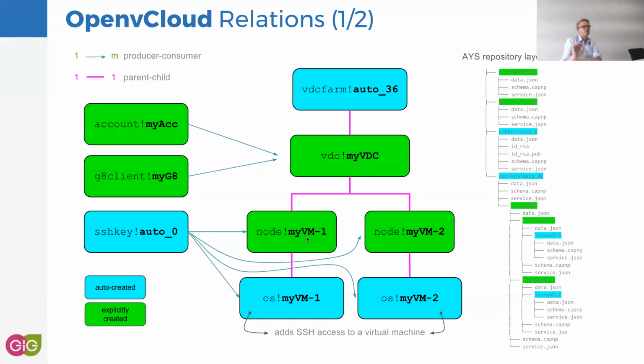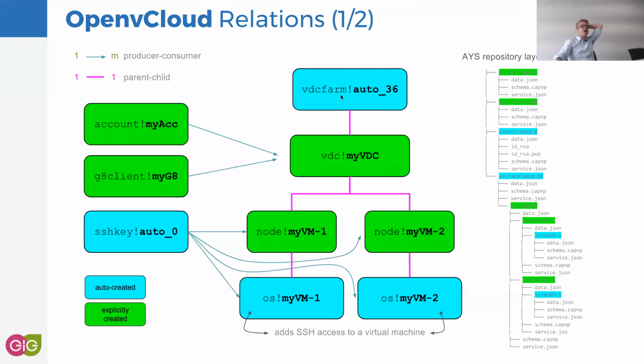And what you see here is multiple things. First of all, virtual machine 1 and virtual machine 2 are children of this VDC. So basically, these two virtual machines run as part of a cloud space, or a VDC, as we call it, that we have given this name. And you even see that this VDC is a child of another parent.